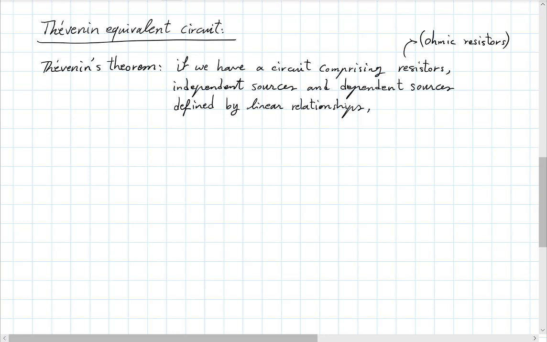So if we have this, and then if we look between any 2 points. Now, when I say any 2 points, maybe we should be a little careful about that. So I'll put an asterisk here, so that we remember to come back to this. Any 2 points in the circuit.